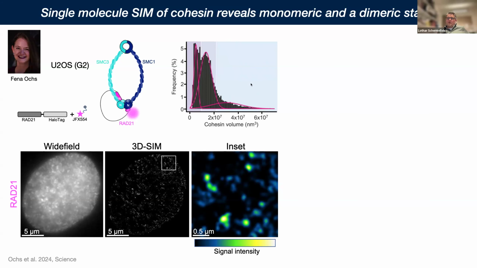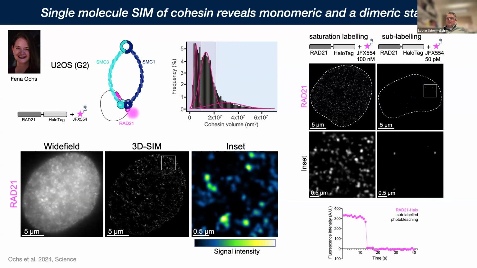The question now is, are the small dots potentially monomers of cohesin? Of course, in this field there's always discussion about whether cohesin acts as a monomer, dimer or multimer, and here we can see evidence for these different groups.